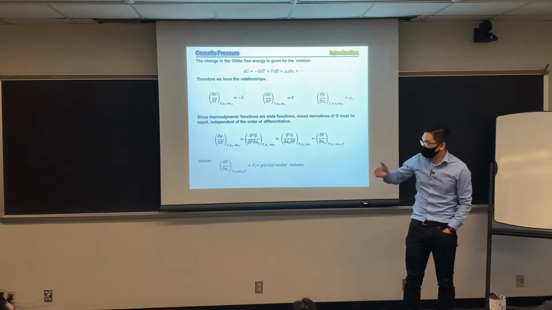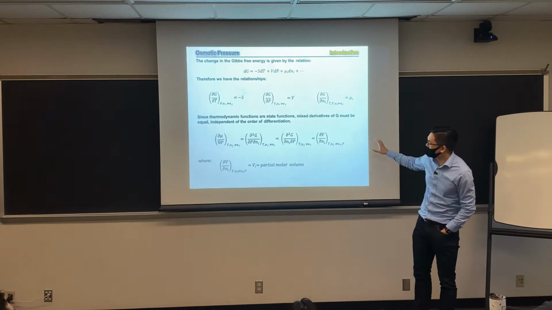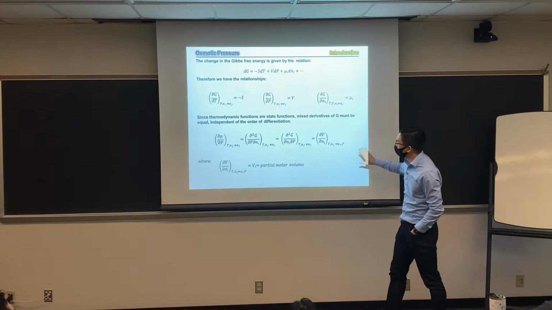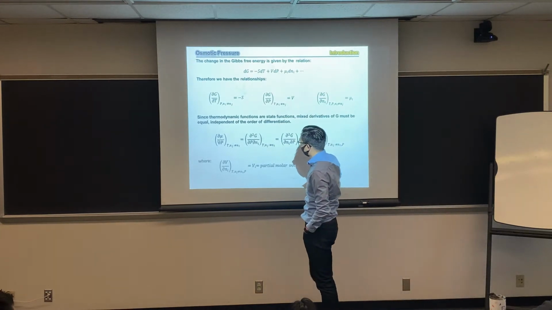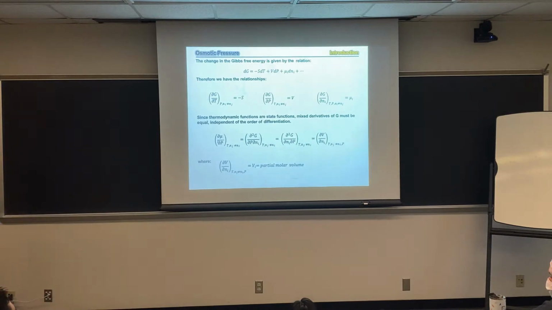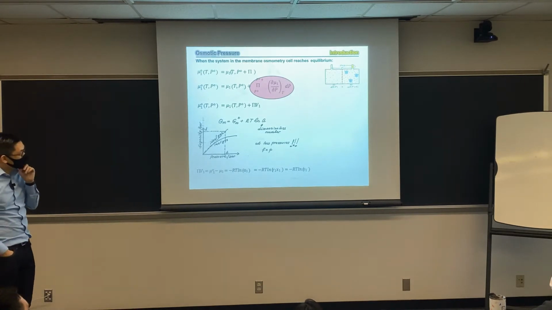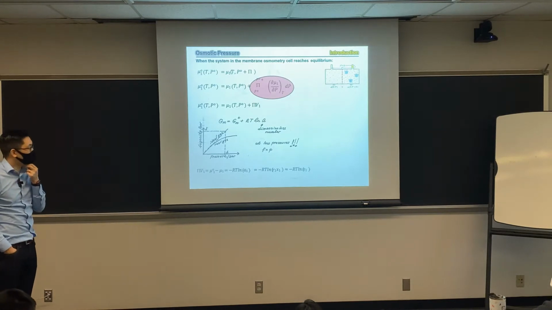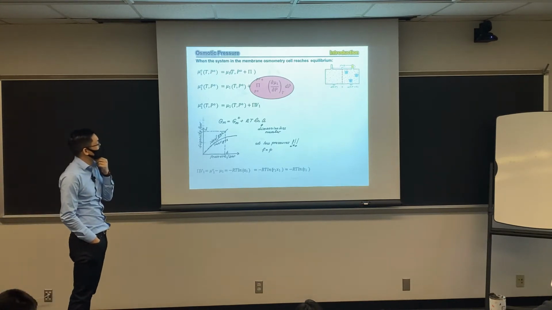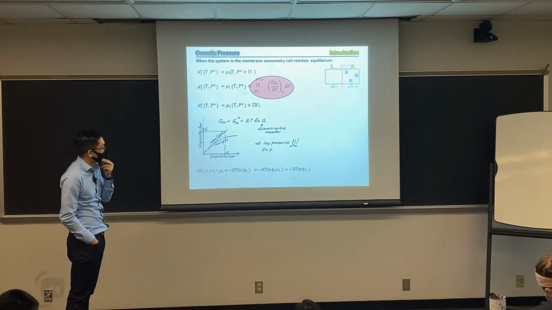As I mentioned, this looks complex, but in a nutshell, we're just trying to link volume, partial derivative, versus chemical potential, because osmotic pressure is relevant to the partial derivative and chemical potential. So now we will give you a generic relationship between how osmotic pressure depends on molar volume Vi.